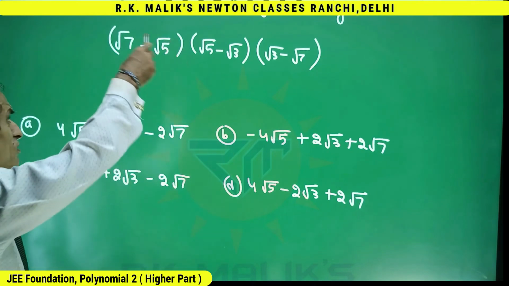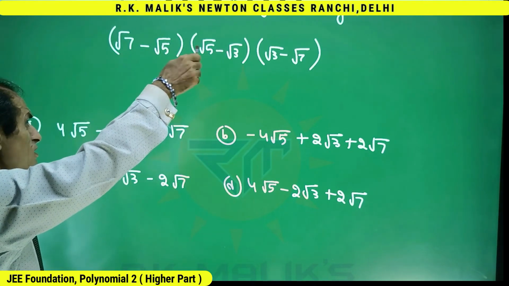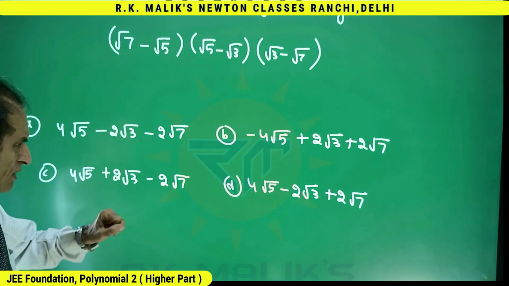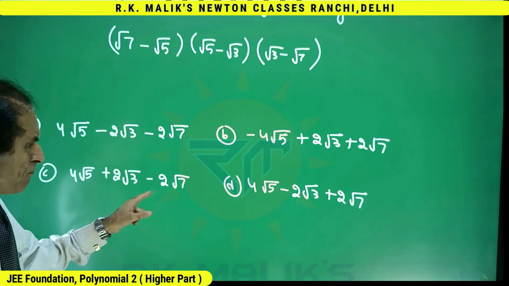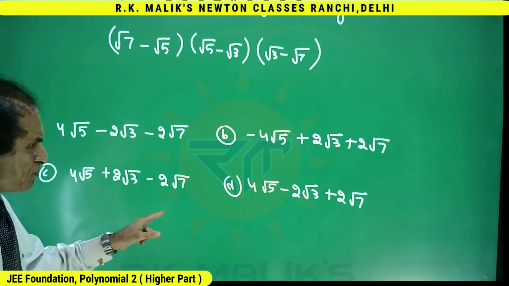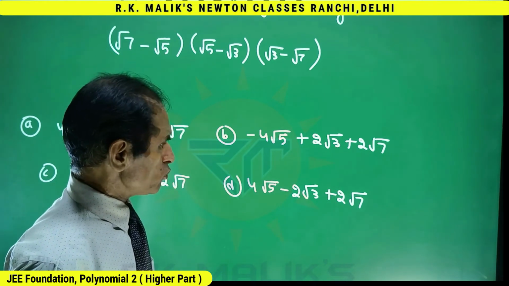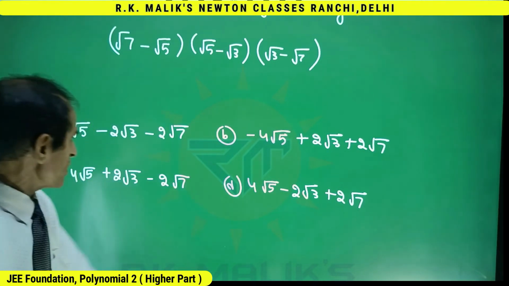Here, instead of doing the full multiplication, try to become smart. You can see very easily that in these two choices minus 2 root 7 is present, and in these two choices plus 2 root 7 is present.